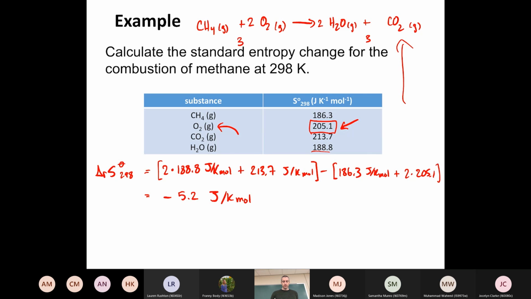That is not true for standard molar entropies. No substance has a standard molar entropy of 0 at 298. None of them. So everything is going to be some positive value. If it's a gas, it's going to be especially large. If it's a solid, it's going to be a little bit less.